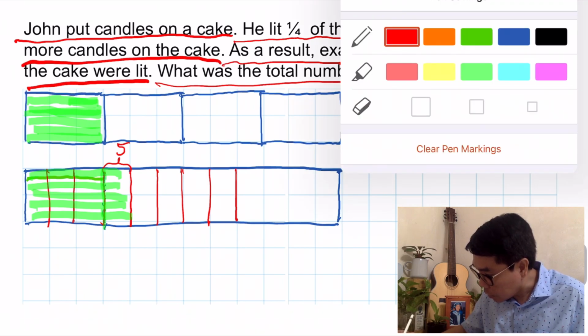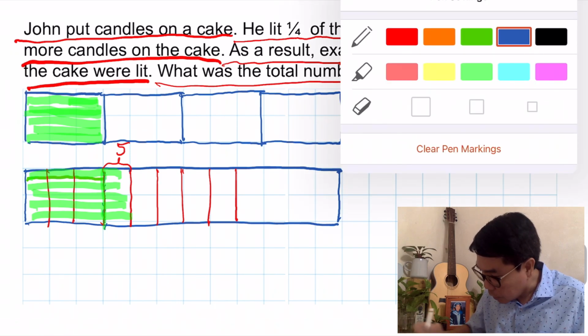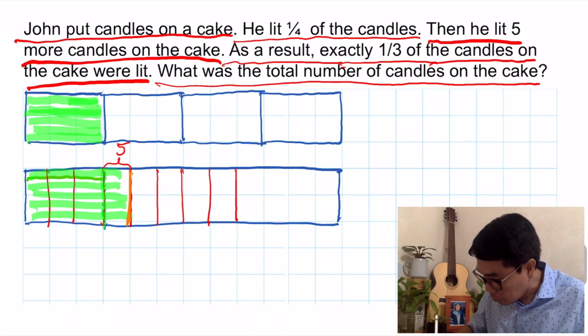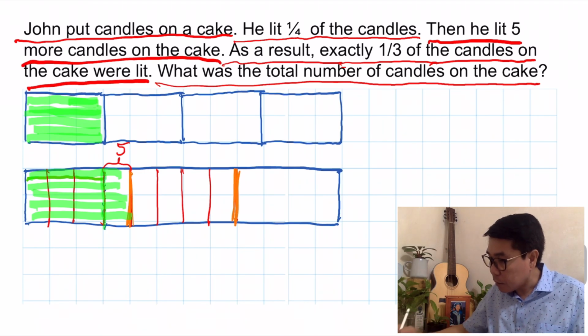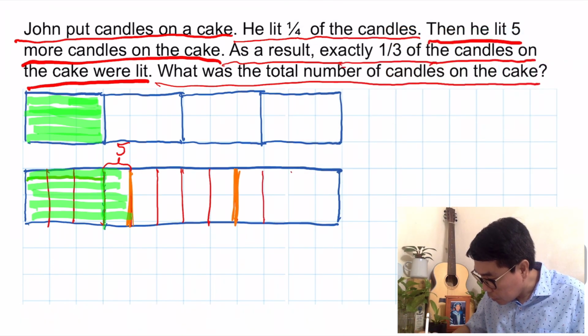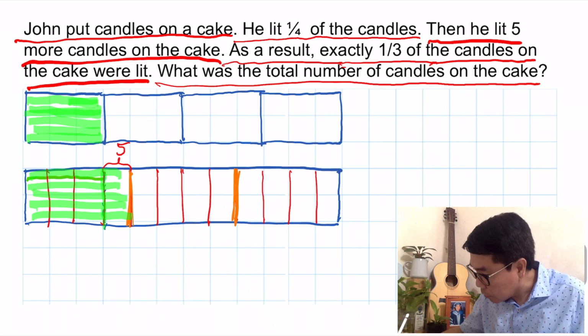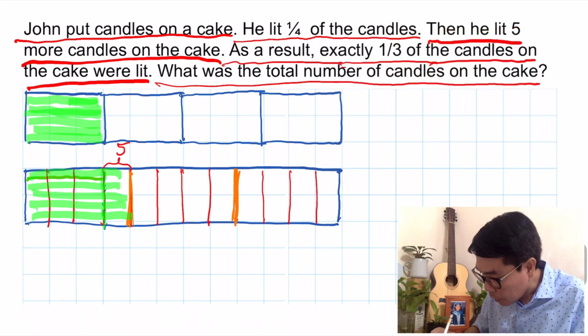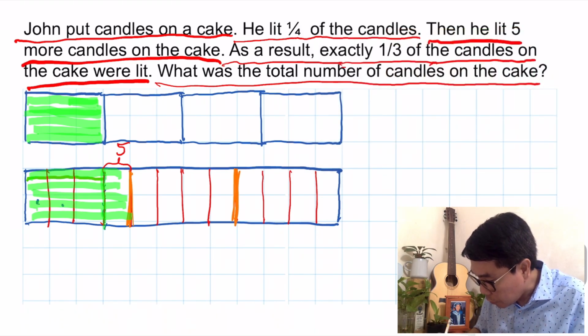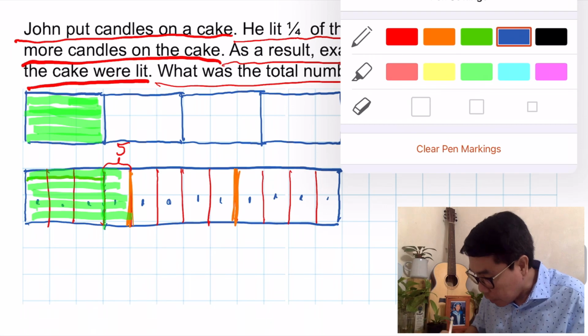I'll use another color for this one, orange rather. Okay, and then we have already here another group. So all in all, we have 1, 2, 3, 4, 5, 6, 7, 8, 9, 10, 11, 12. There are 12 parts in all.